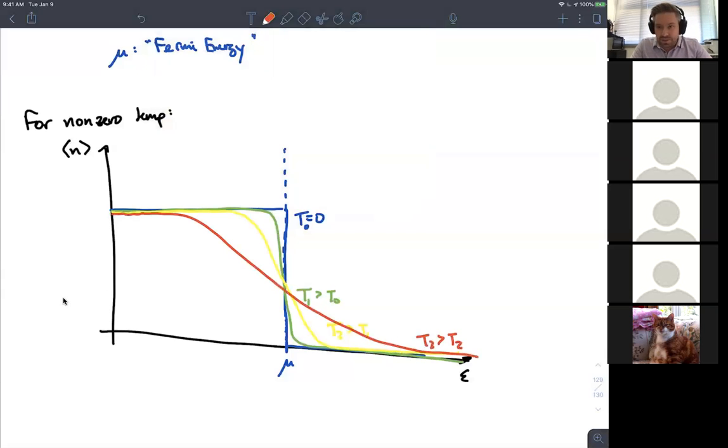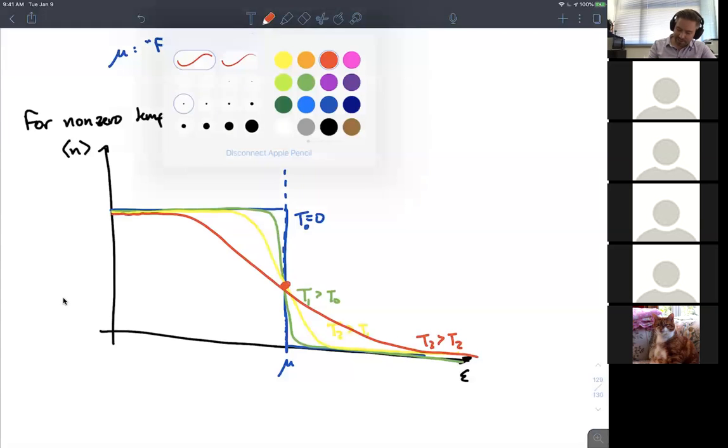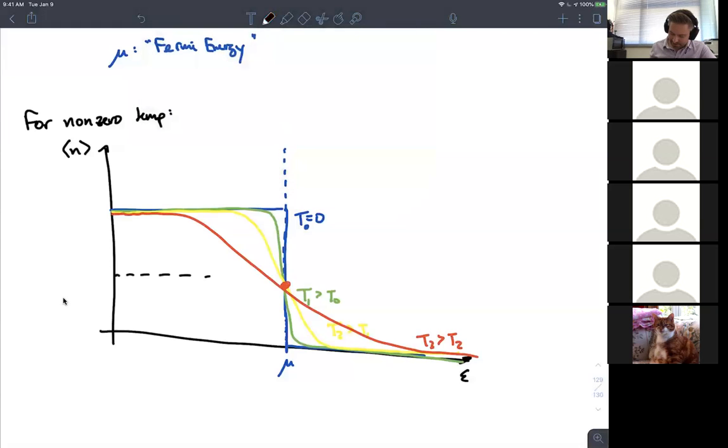Now, if I had drawn this correctly, but because of my awful artistic skills, they would all cross the Fermi energy at the same point. And the Fermi energy is where the average occupation is equal to a half.